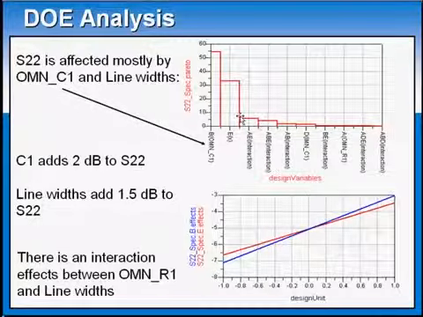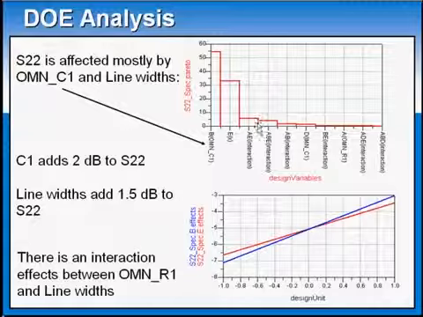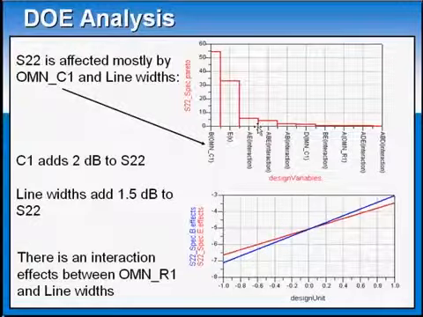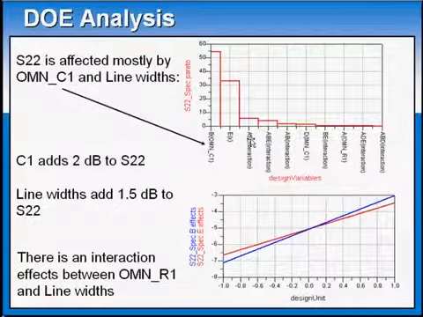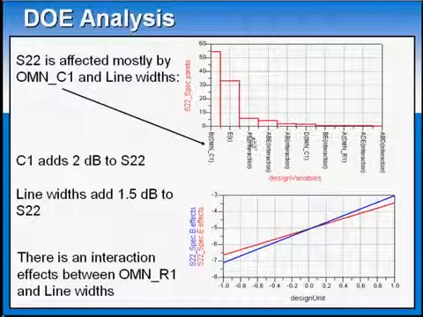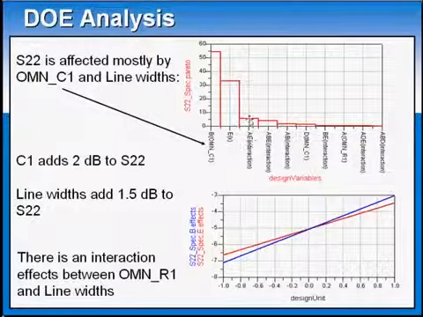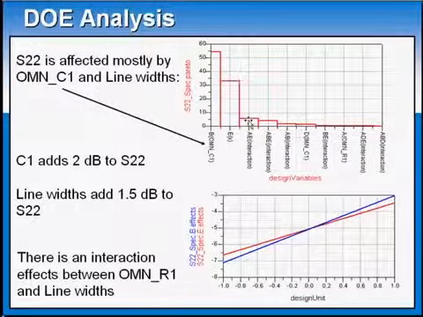And notice also that design of experiments will help you find interactions. Here, it is telling me that 7% of the variation in S22 is caused by interactions between A and E. What are A and E? A is the output matching network R1 and E is the width of the line.